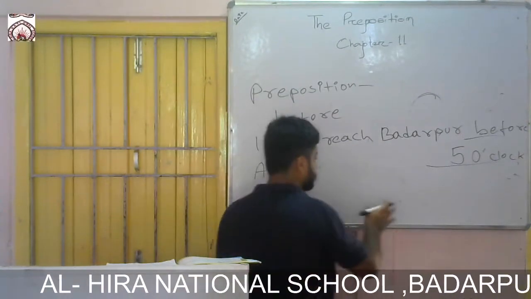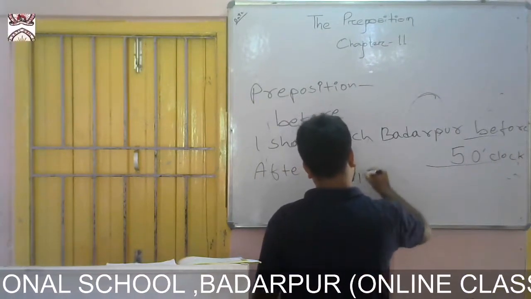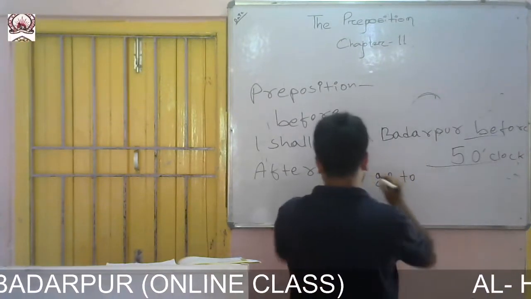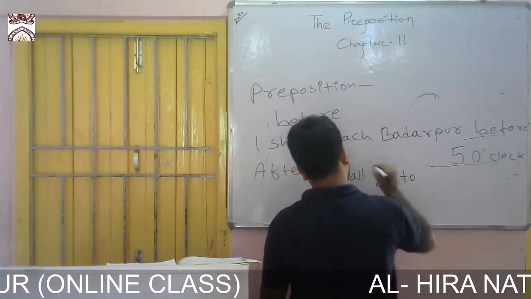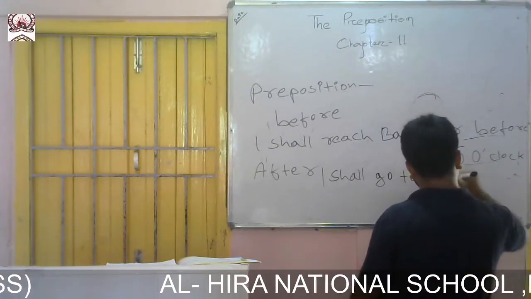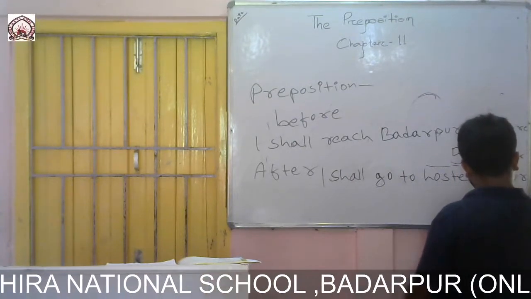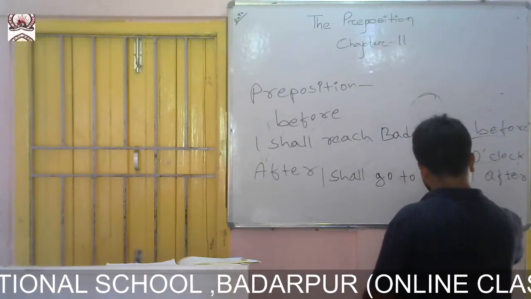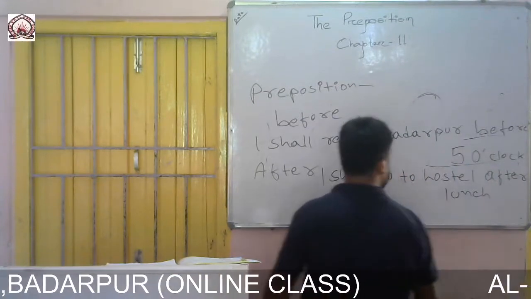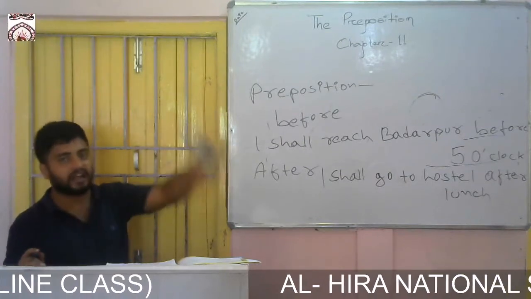For example, I will go to, or you can say I shall go to hostel after lunch, L-U-N-C-H. I shall go to hostel after lunch. That means I shall reach hostel after lunch only, not before.